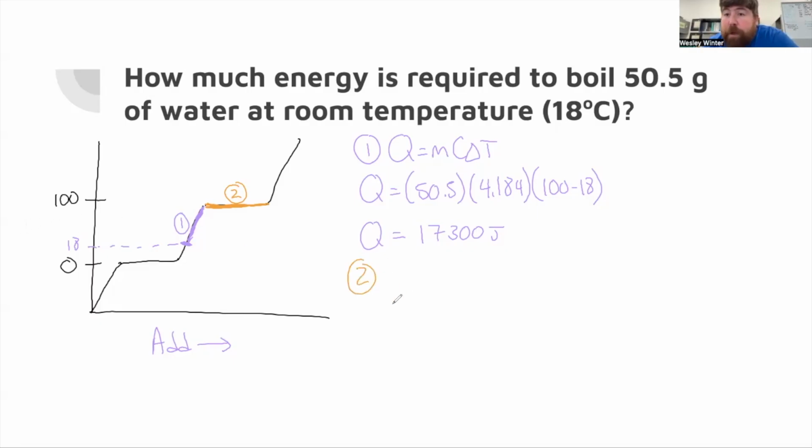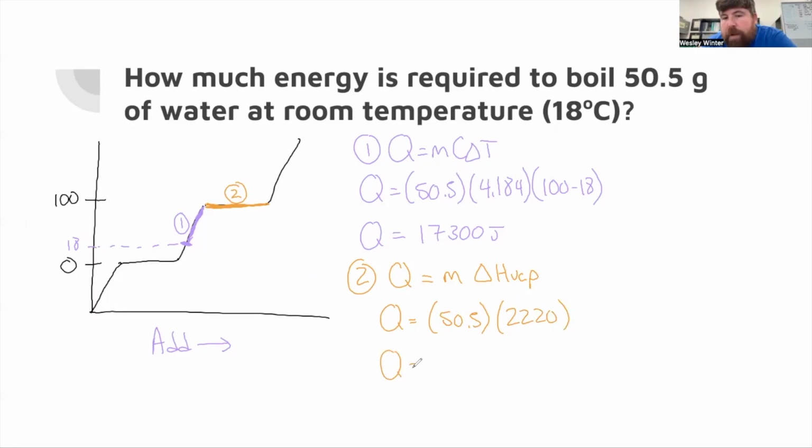I now need to boil that water. That liquid water is just at its boiling point. So now I need to use the equation Q equals m times the heat of vaporization, which for water is always going to be 2,220 joules per gram. So now I say 50.5 times 2,220.